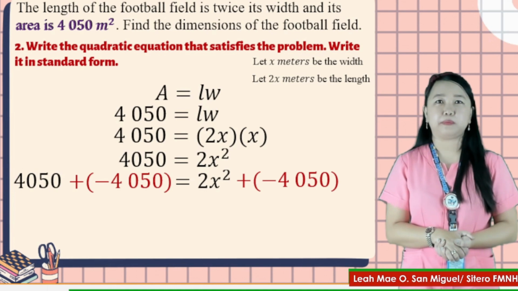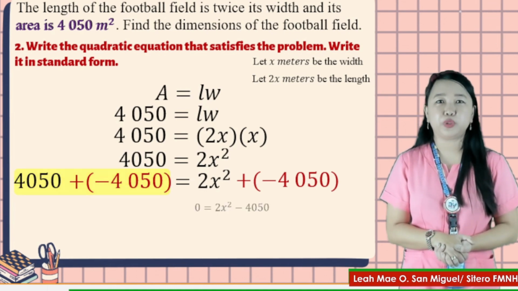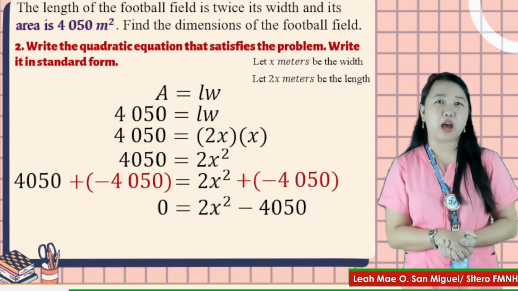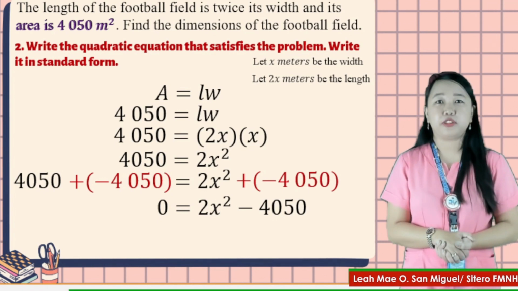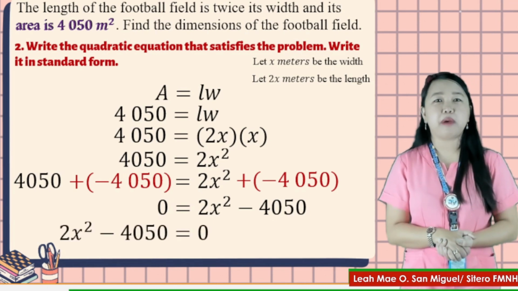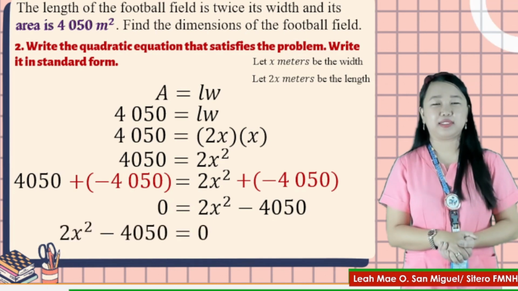Then, simplify. The equation will be 0 is equal to 2x squared minus 4,050. Applying the symmetric property, thus, 2x squared minus 4,050 is equal to 0.